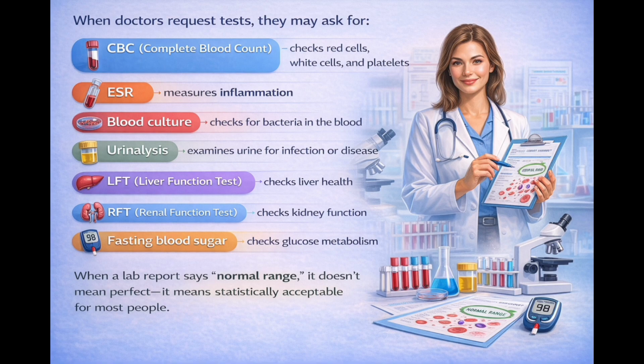Urinalysis examines urine for infection or disease. LFT, liver function test, checks liver health. RFT, renal function test, checks kidney function. Fasting blood sugar checks glucose metabolism. When a lab report says normal range, it doesn't mean perfect, it means statistically acceptable for most people.